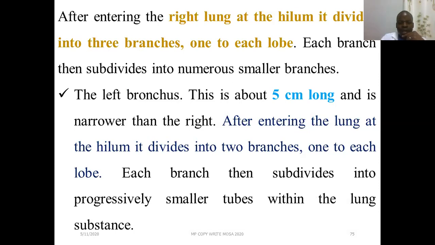After entering the lung at the hilum, it divides into two branches, one to each lobe. Each branch then divides into progressively smaller tubes within the lung substance. So like I said, we're just trying to give some discrepancy between the two. The one is short and wide, the other one is longer and narrow.